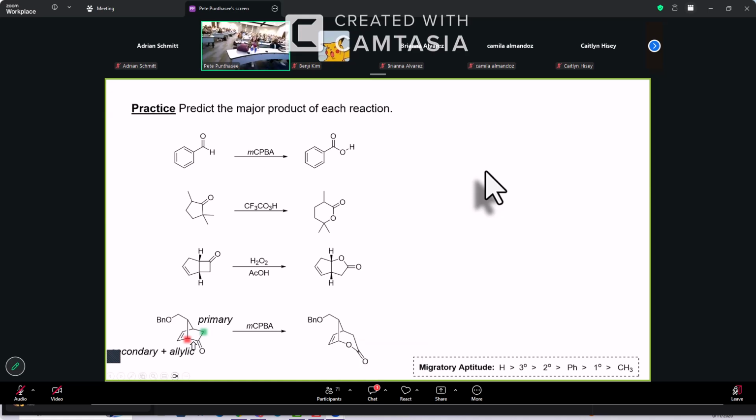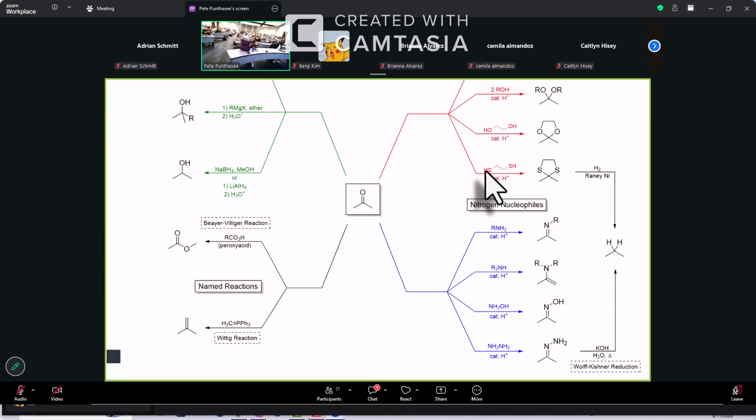Exam 2. What's the overall reaction? All right, we have three things to tell you, or four maybe. One is about exam 2. Exam 2 covers just this side.